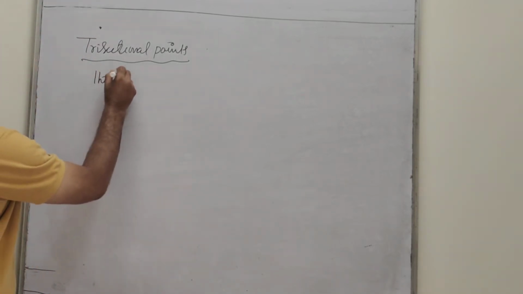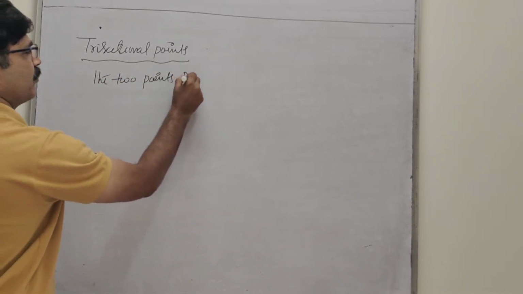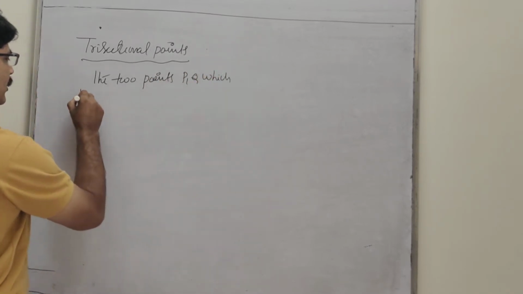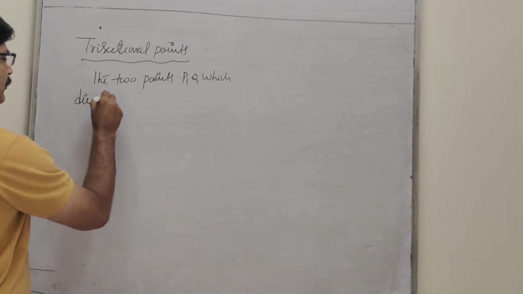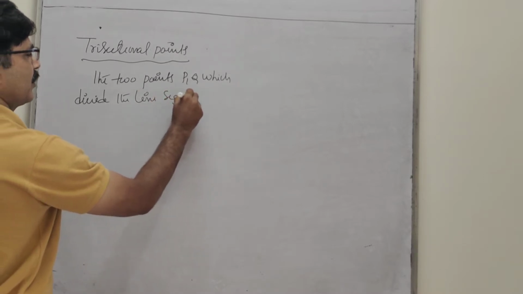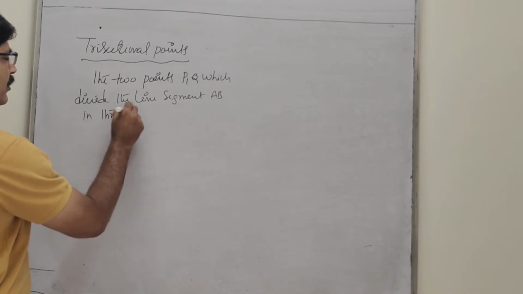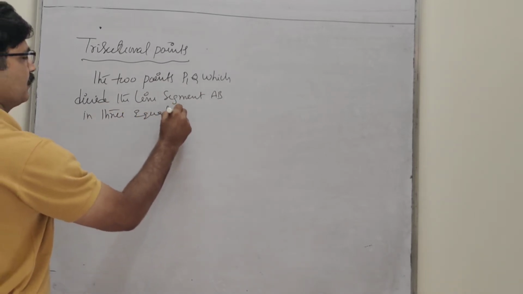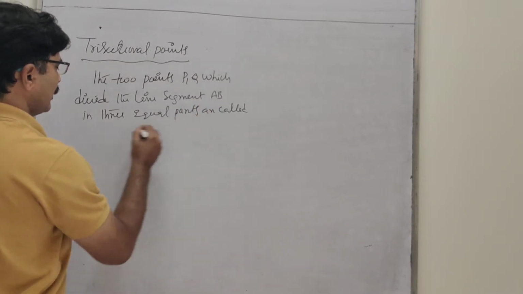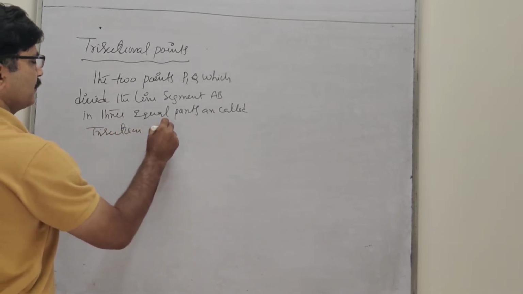The two points P and Q which divide the line segment AB into three equal parts are called trisectional points.